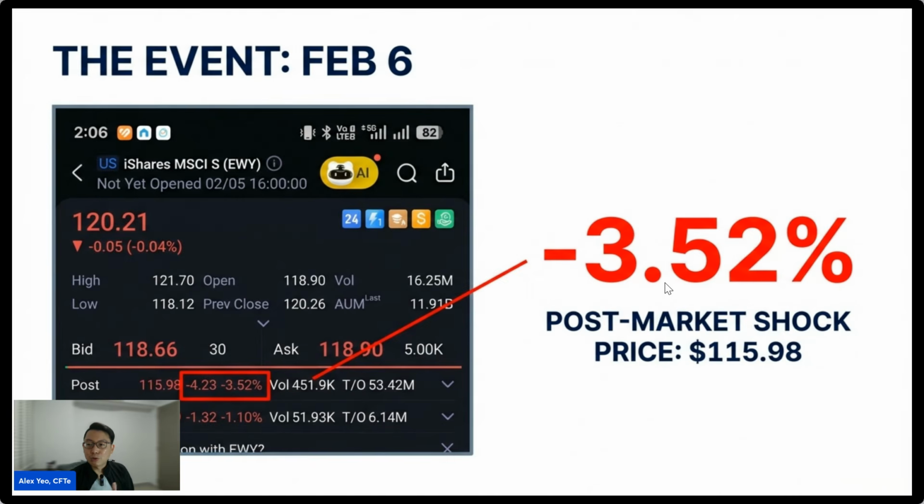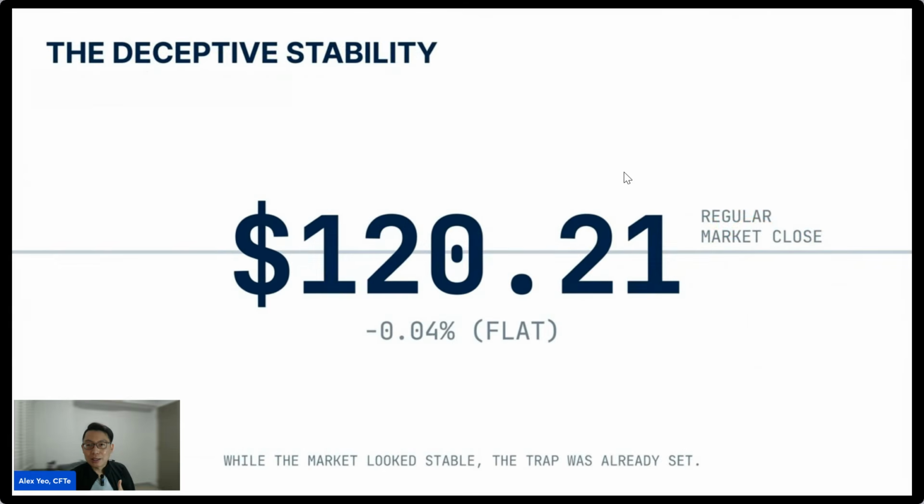It dropped to about 115.98 to be exact. On the previous day close, it was actually flat. Later I'll go through the chart again. It was 120.21, but the US market was dropping hard the previous day.